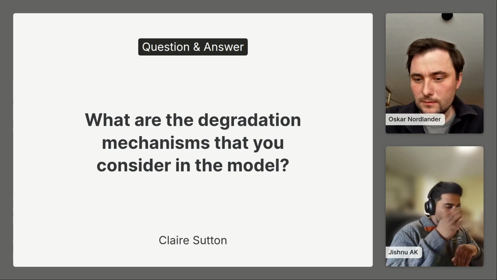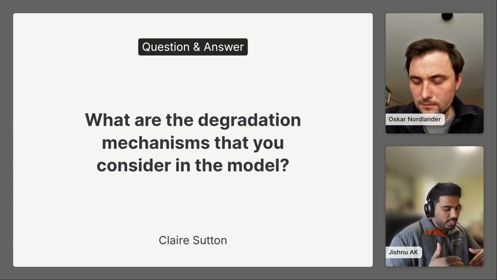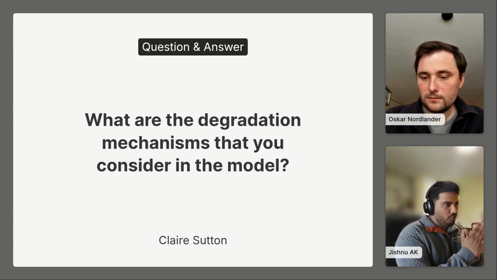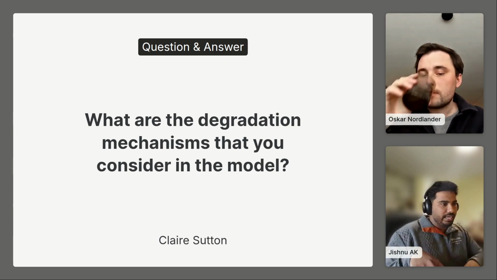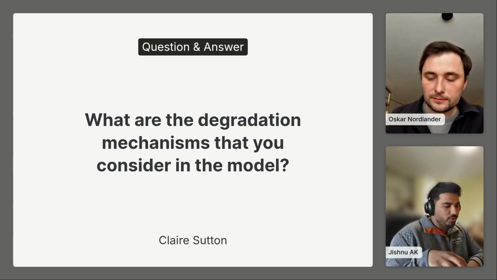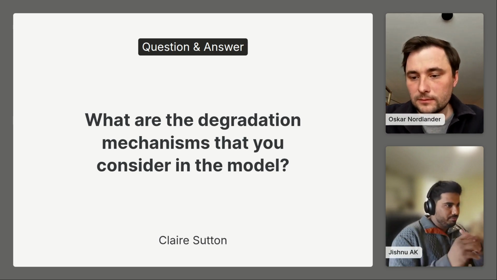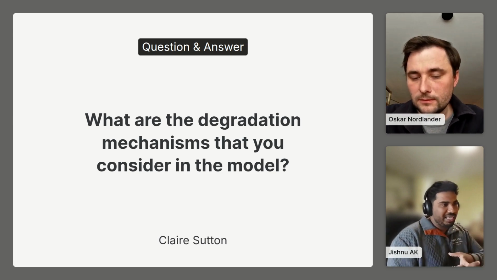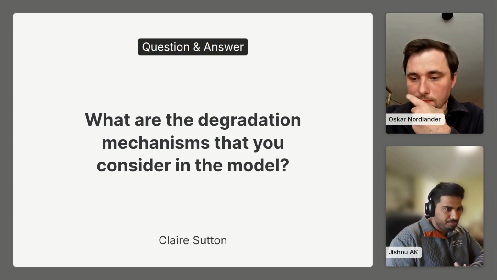We look at SOH trajectory under different use cases, look at degradation mode trajectory under different use cases, and then try to understand what the dominant degradation mechanisms present in the cell are. That is our starting point. From there, we create the model by incorporating differential equations of those dominant degradation mechanisms. So TLDR, we don't have fixed mechanisms. We make it adaptive. We first look at the data and decide that.